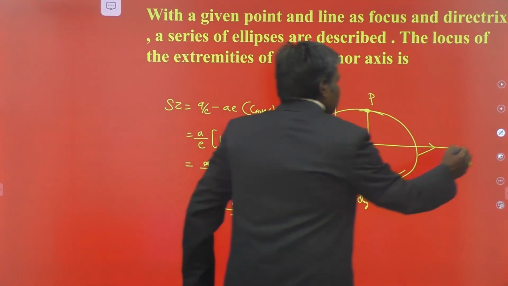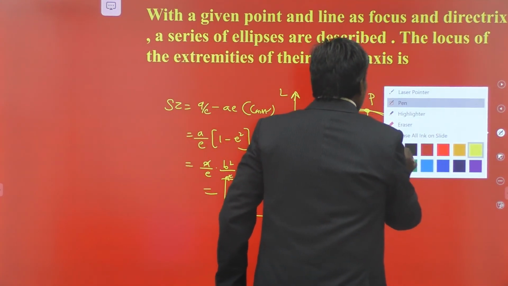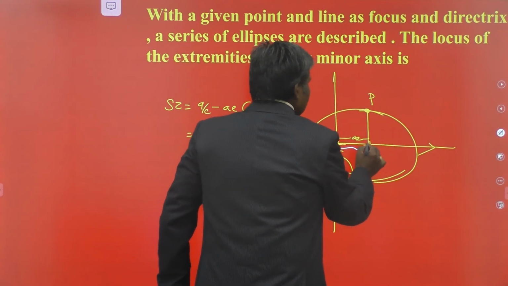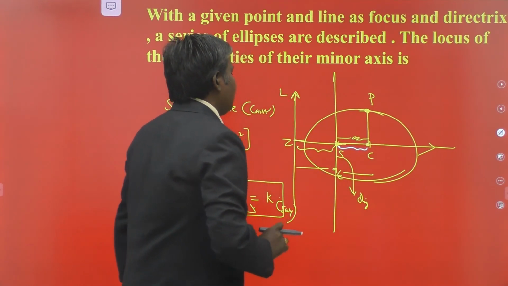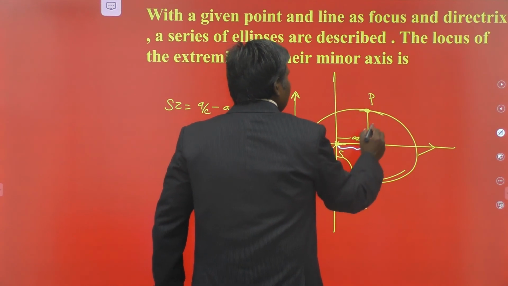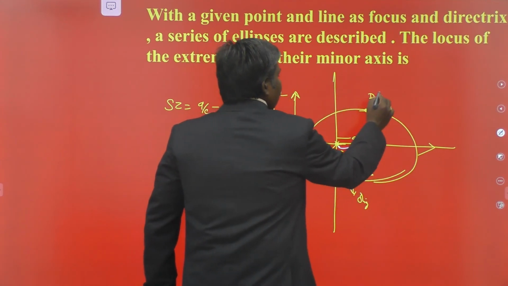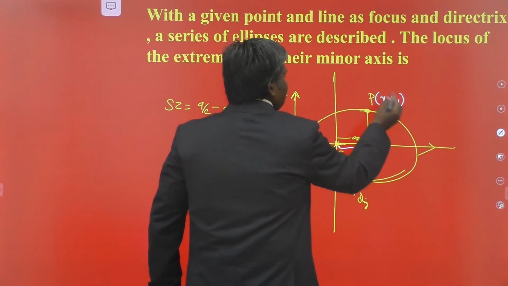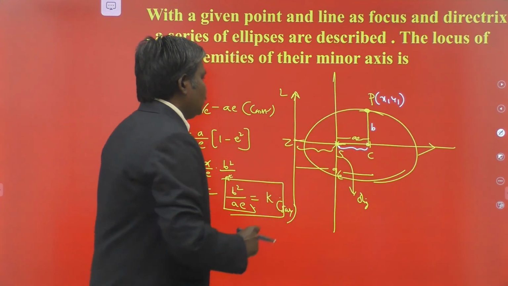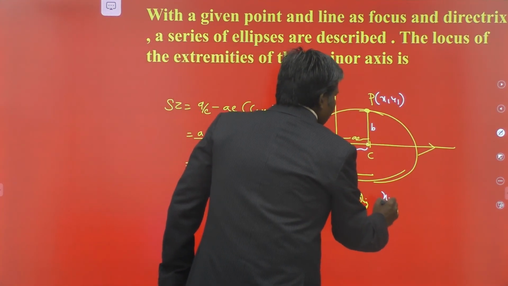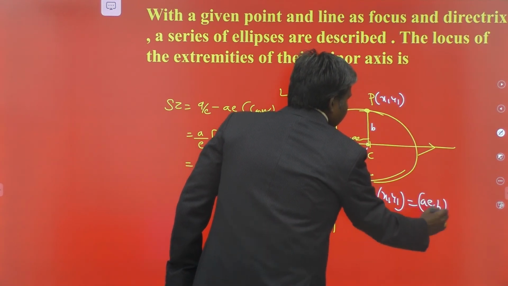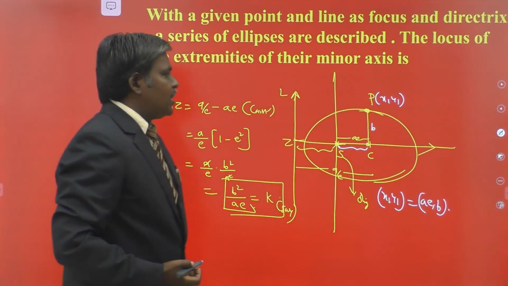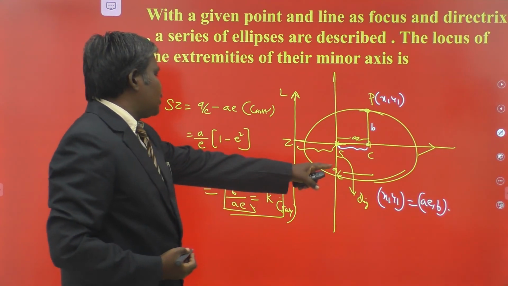Now the distance from here to here is what? This is the center, this is the focus. The distance from here to here is AE. The distance from here to here is B. If it is x1 comma y1, this is my point on the locus. Automatically x1 comma y1 is nothing but AE comma B. Is it AE comma B or not? So what is your B square value?